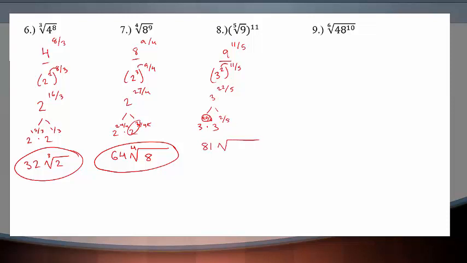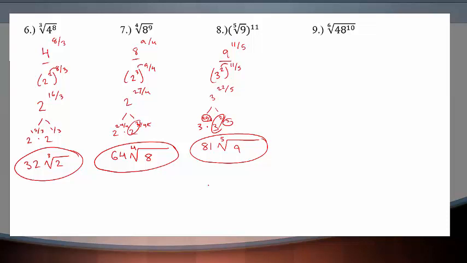And we'll be left with the 5th root of 3 squared, which is 9. So 6, 7, and 8 are relatively simple problems because all of the numbers were special in it.